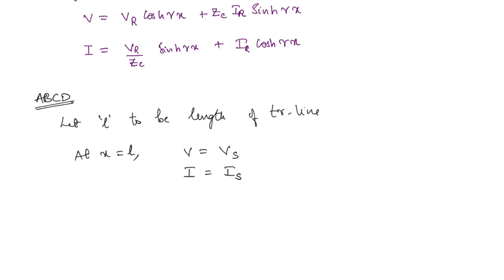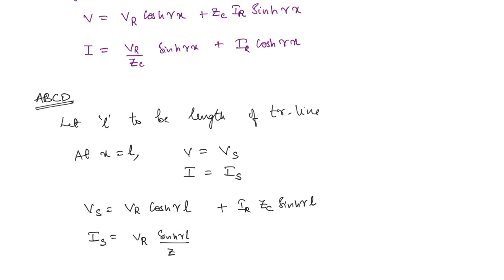Okay, so you're going to get Vs is equal to Vr cosh gamma L plus IR Zc sinh gamma L, and similarly the sending end current you're going to get Vr into sinh gamma L by Zc plus IR into cosh gamma L, right.